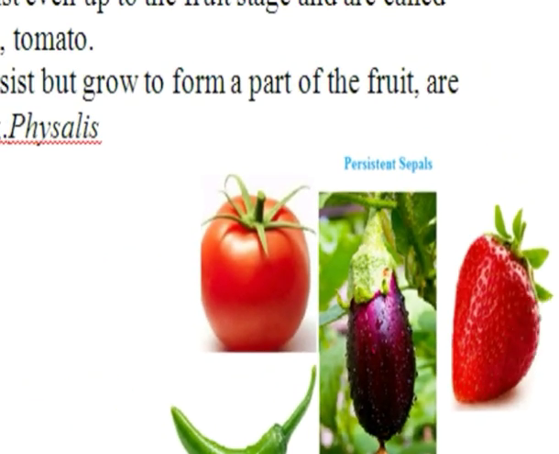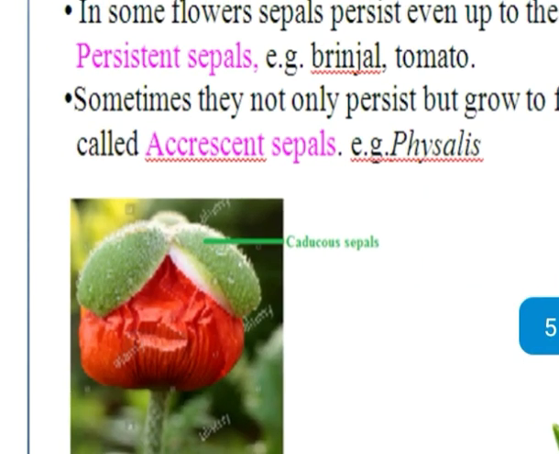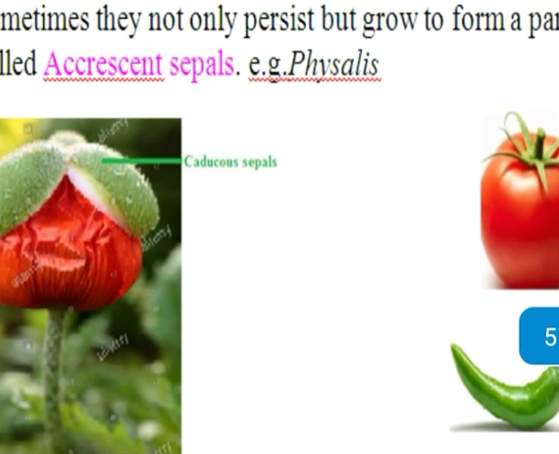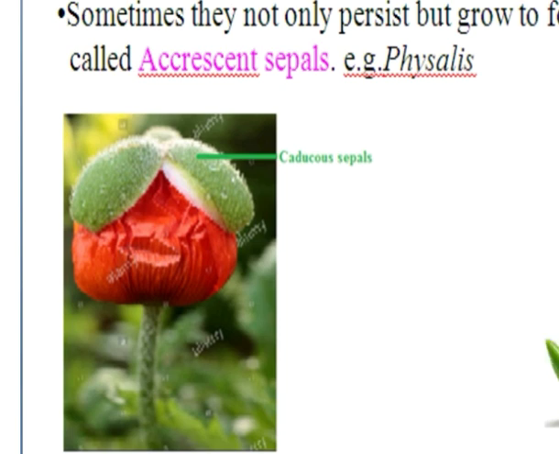It is the characteristic feature of the family Solanaceae: brinjal, tomato, capsicum, etc. Sometimes they not only persist but grow to form a part of the fruit, and are called accrescent sepals. The example is Physalis. So it becomes a part of the fruit.